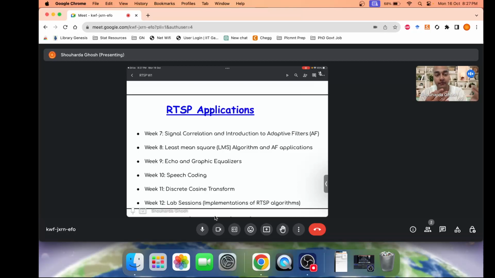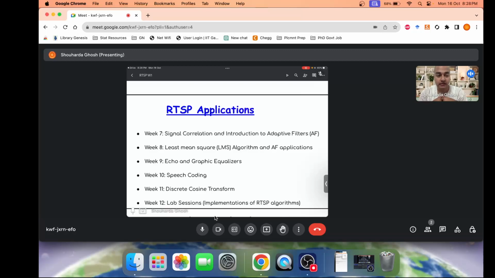How do we learn? We have some desired signal, we have an input signal, and then based on how we estimate there is an error, and then we try to reduce that error and get the desired coefficients.